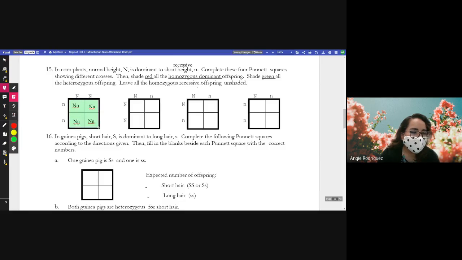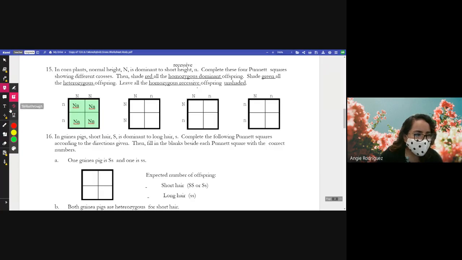I don't know if you have this option on Classcake or not, guys, but if you do, you can color it in or shade it in green, okay? I think you have the option of changing the pen color. You can just outline it green if you want, okay?